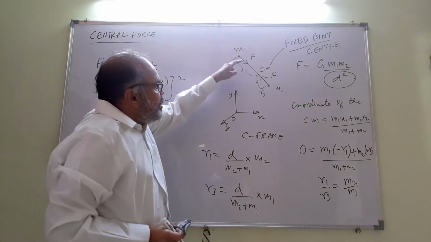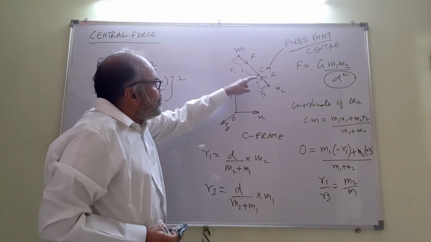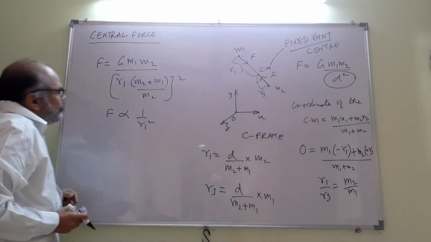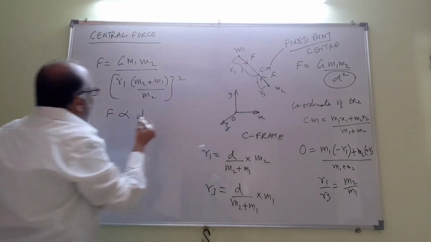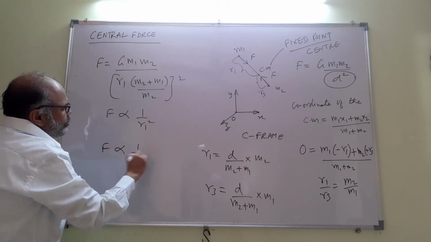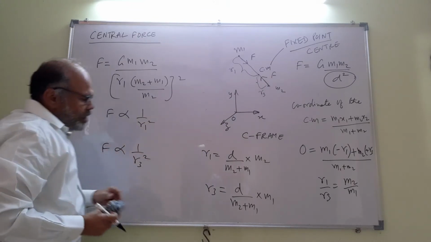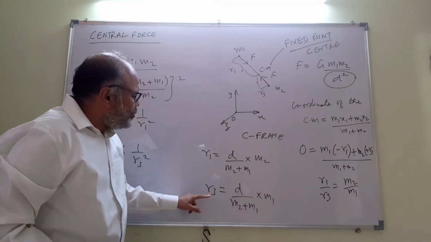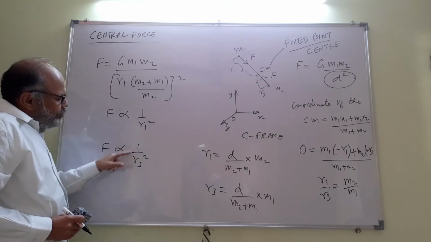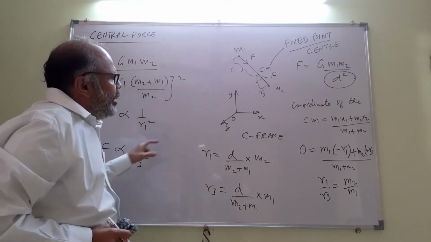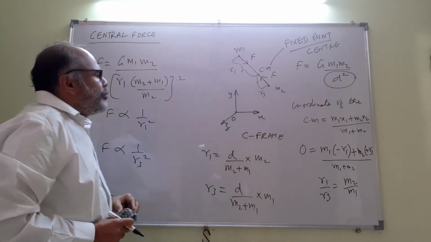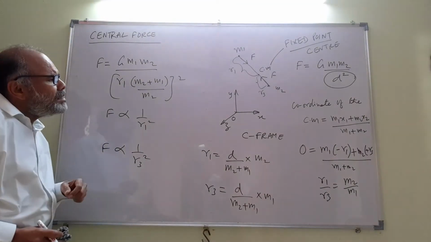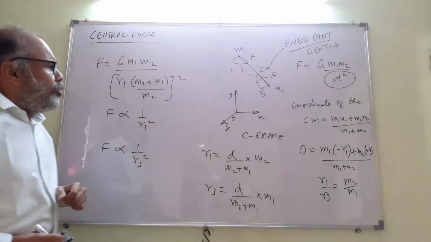So this force is dependent only on the distance of the mass from the fixed point, the center. We have proved that. Similarly, this force is proportional to 1 by r3 squared. If you replace d in terms of r3, you will get the force inversely proportional to r3 squared. So we have proved that the gravitational force is a central force.